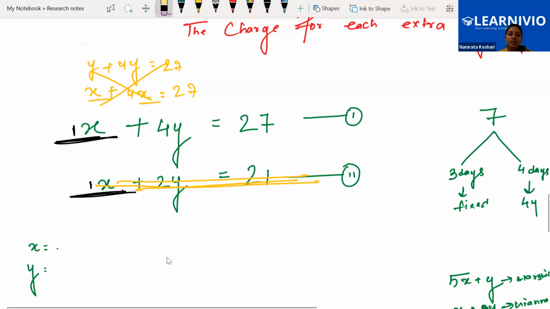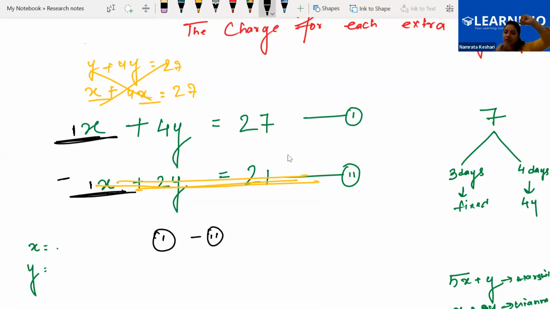You can see in the first equation x is there. You can see in the second equation also the x term is there. What we can do, we can subtract it. How? Let me write it. Equation 1 minus equation 2. Whenever we are subtracting two equations, we subtract the left hand side from the left hand side, and the right hand side from the right hand side.